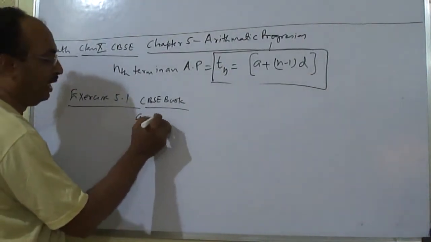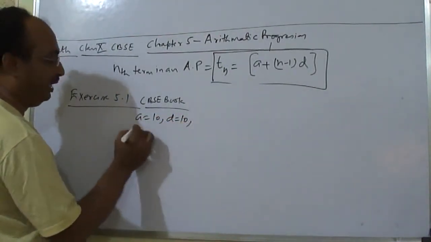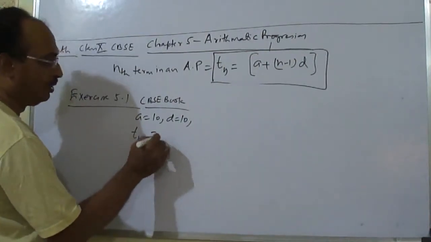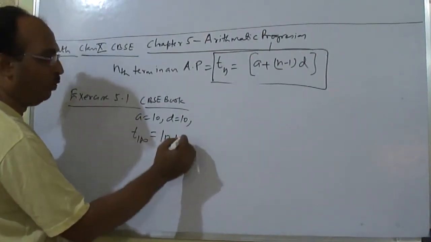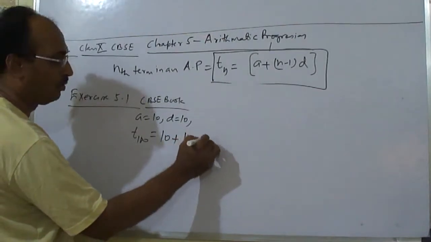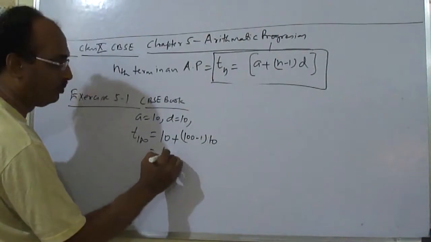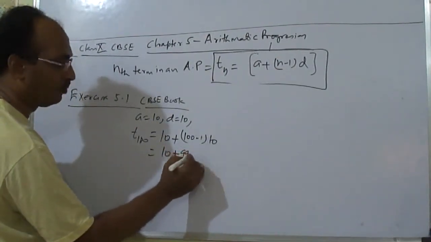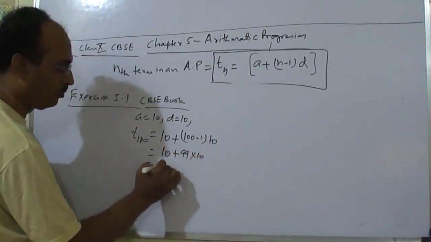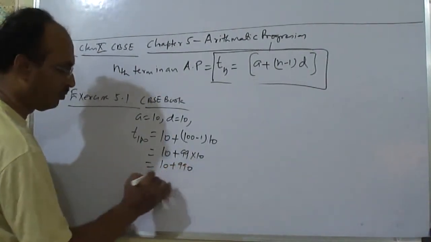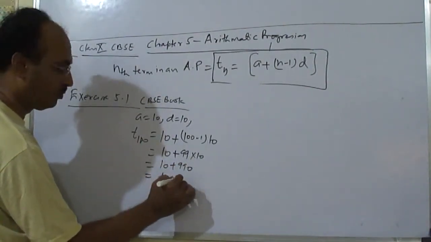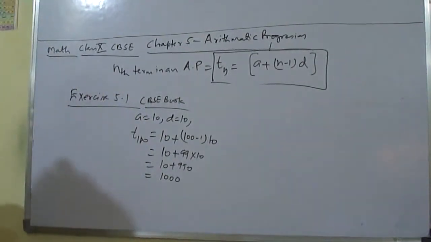When A is equal to 10 and D is equal to 10, then T100 is equal to what we have found? 1000. Very good.